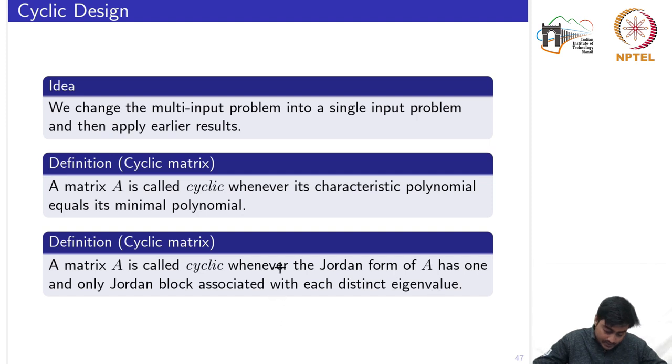So this is how we define the cyclic matrix. Either you compute the characteristic and minimal polynomial and see their equivalence, or you transform by using the similarity transformation into the Jordan form, and then see whether there is one and only one Jordan block associated with each distinct eigenvalue.